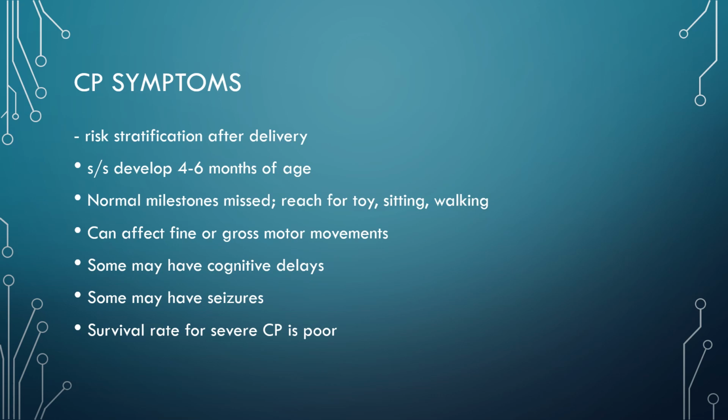Gross motor movements would be big, bold movements like kicking and throwing your arms around. Fine motor movements are something called the pincer grasp, like what we call for babies picking up with your 2 fingers, being able to pick up a snack or a pea or something small. And those are your fine motor movements.